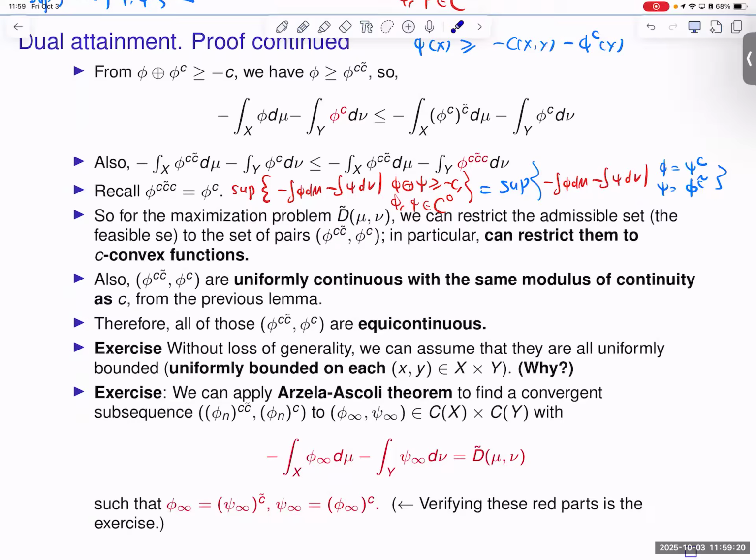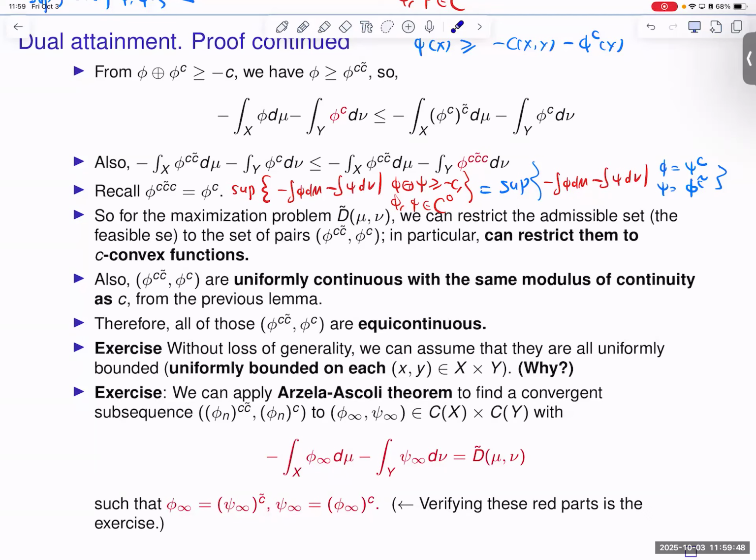Okay, now we are very close to being able to use Arzelà-Ascoli. But for Arzelà-Ascoli, if you remember the statement, equicontinuity of the family is not sufficient because, for example, you may have a sequence of functions where you just add a constant to each function.